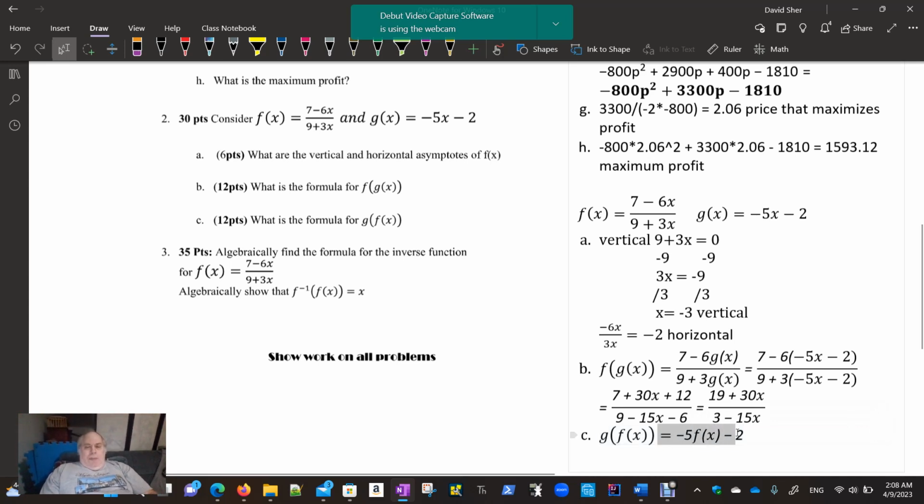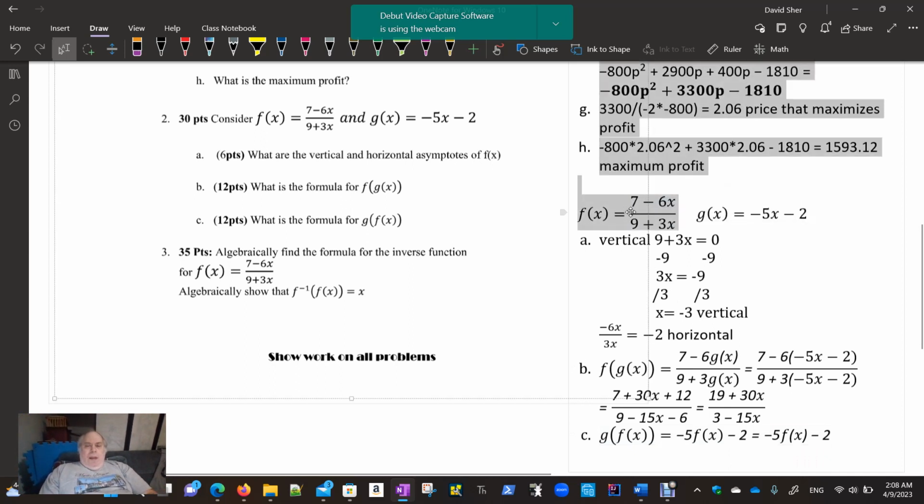And now I'm going to replace f of x with its formula, and put it in where f of x was.